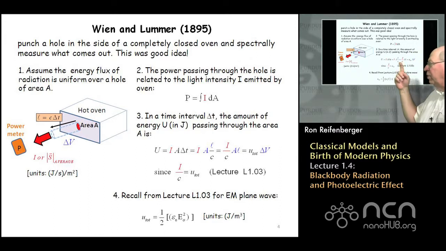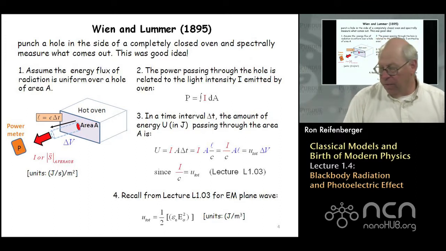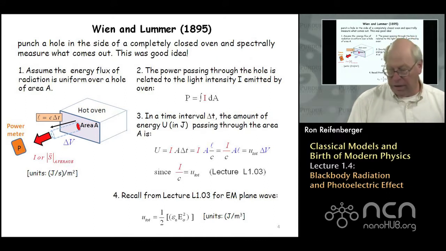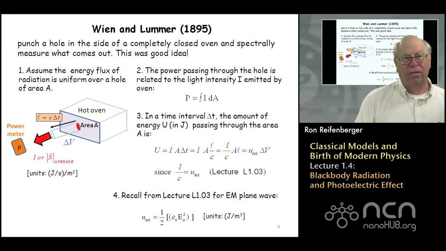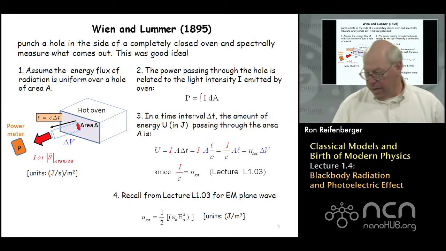So by measuring the intensity I, you can work backwards and get an expression for this U total, and then U total is something that you can calculate using Maxwell's theory. So that's the idea. You're going to make this measurement as a function of frequency, or as a function of wavelength, to try to understand the spectral character of the light that's emitted.